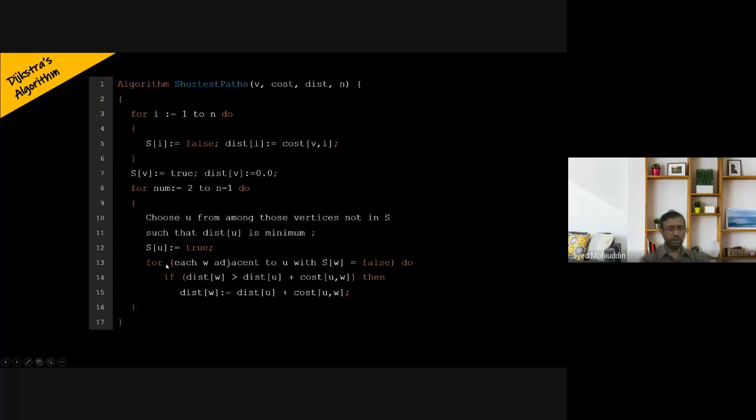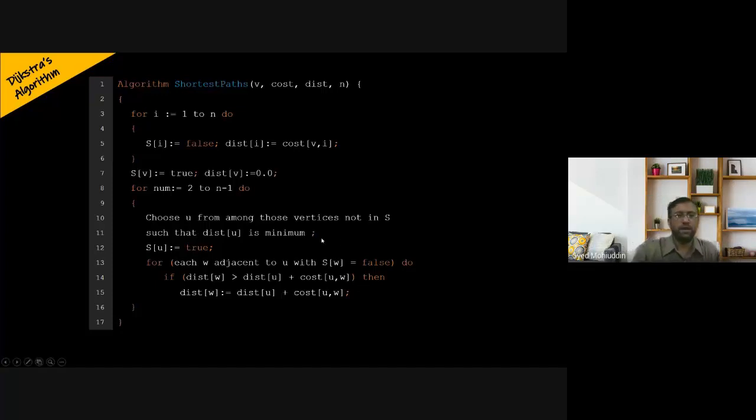And for every vertex W adjacent to U, if it is false in S, we perform the relaxation technique. That is, if distance of W is greater than distance of U plus cost of U to W, then distance of W will become equal to distance of U plus cost of U comma W. And this is Dijkstra's algorithm, also called the shortest path algorithm.